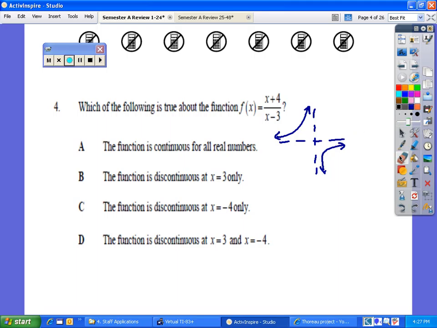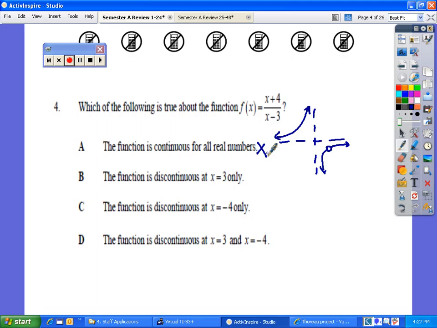There's also a space somewhere in the graph where we'll have what's called a hole. And like I said, you'll learn more about this second semester. But for this question, you just needed to know about discontinuity, and we wanted to know where it was discontinuous. So it's not continuous for all real numbers.